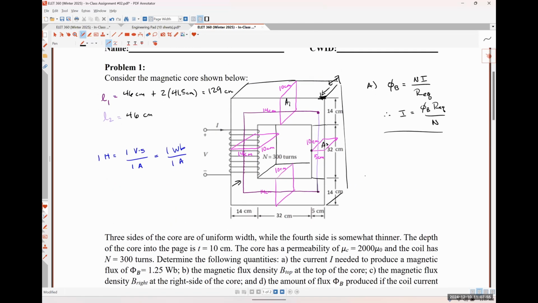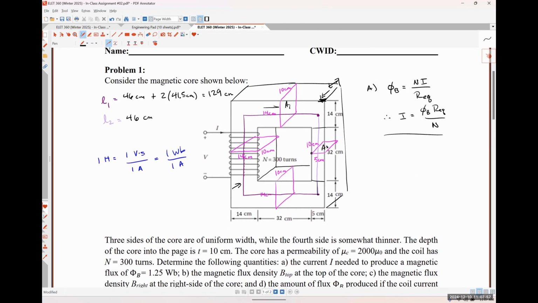By that, I mean the flux density traveling through this section. So how would we do that? Exactly right. So for part B, our magnetic flux density B is simply flux over cross-sectional area.